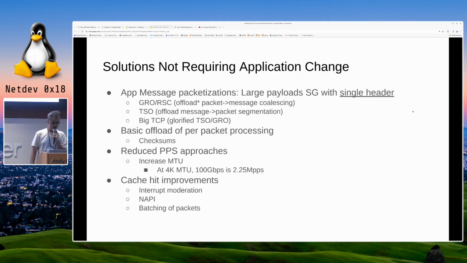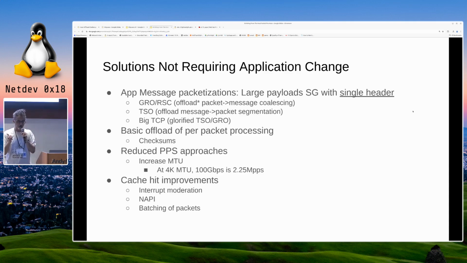So these are solutions that do not require any application changes. I believe the gentleman before me was suggesting that they like TX memory zero copy because the changes to the app were very few, as opposed to io_uring, which has a lot of changes, right? So solutions that don't require any application changes.